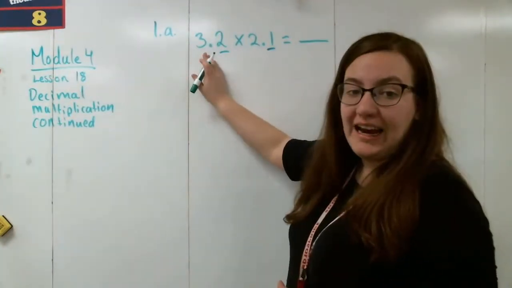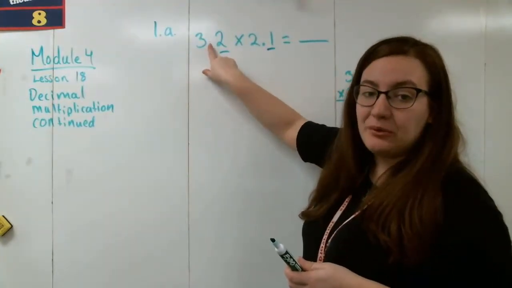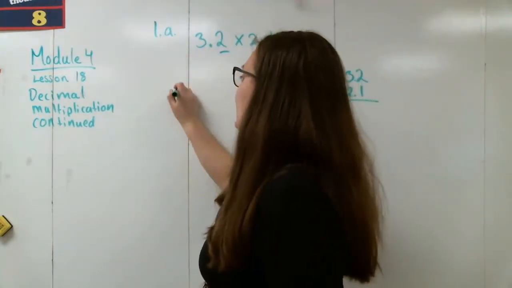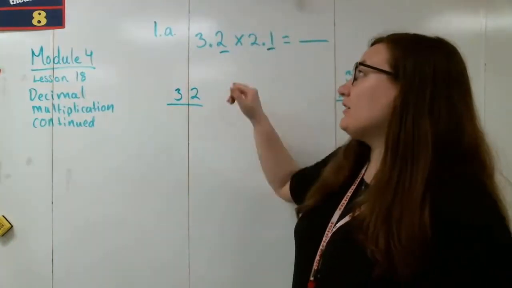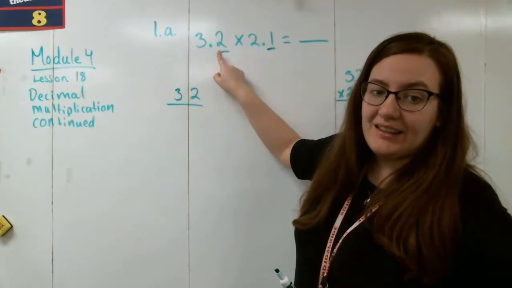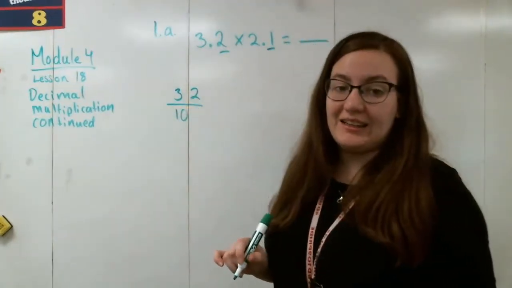If I had 3 2/10, I'm going to pretend that the number doesn't have that decimal place there, so it looks like just the number 32. And that is going to be my numerator. Then I'm going to look at the last place value that it lands in. If it lands in the tenths place, then I'm going to put a 10 underneath it.